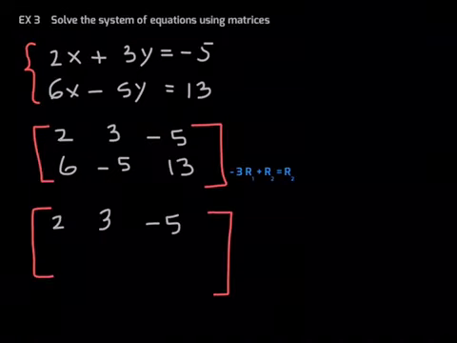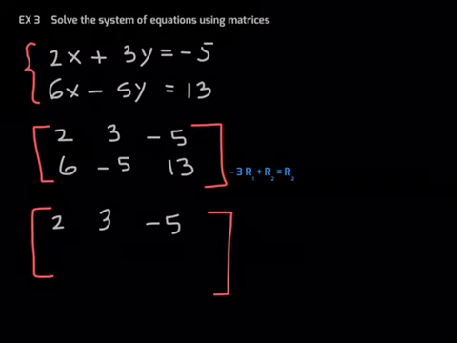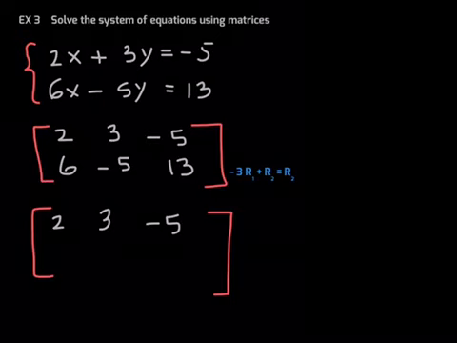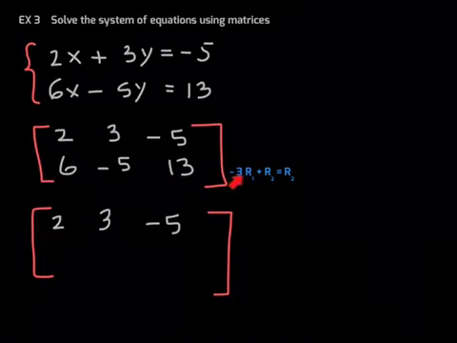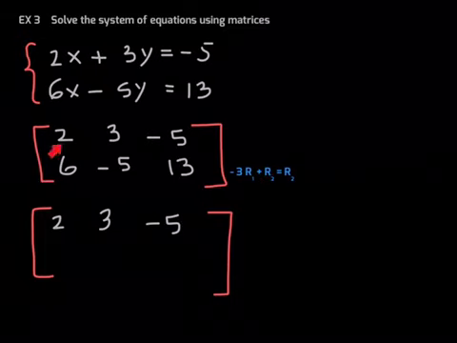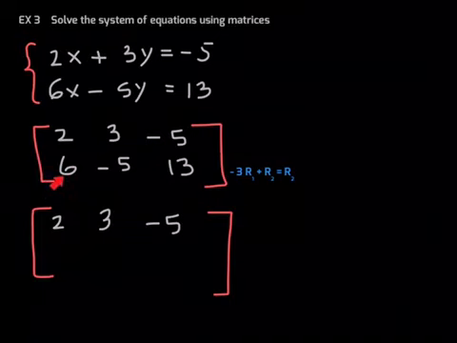Okay, I copy down row number 1 so that I do not accidentally change it. But it is row number 2 that we're changing, and this is how we're changing it. We're going to multiply row 1 by negative 3 and add it to row 2. So 2 times negative 3 is negative 6, and negative 6 plus 6 is 0.